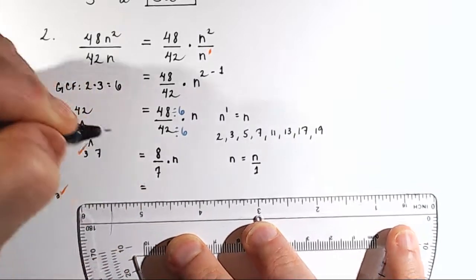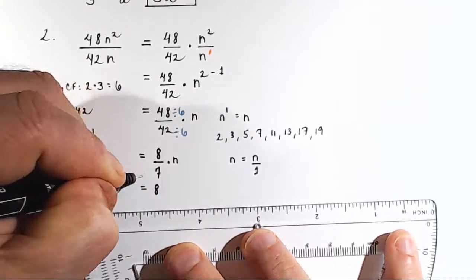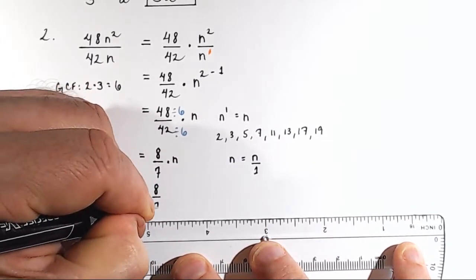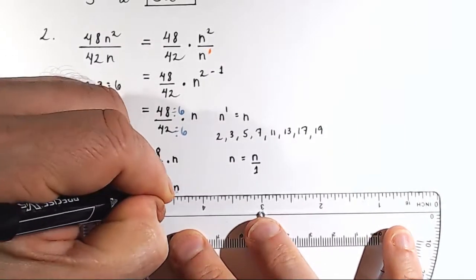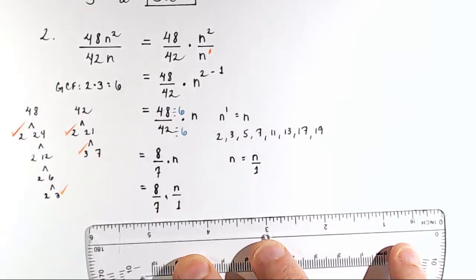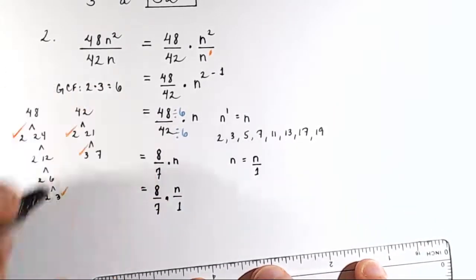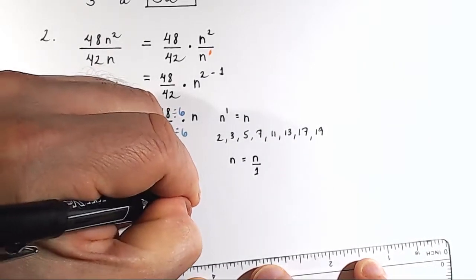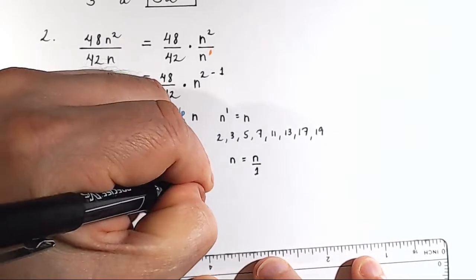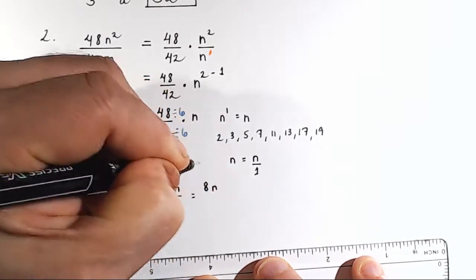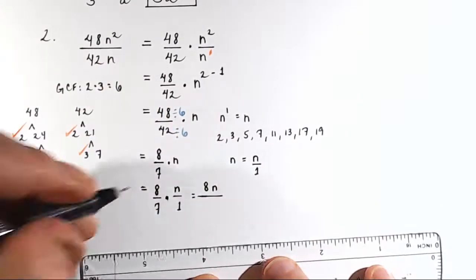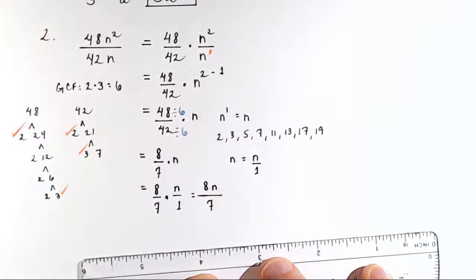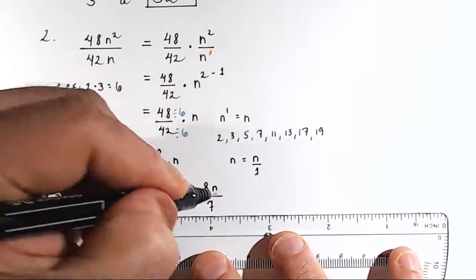I don't want anyone to feel left behind on this one. 8 over 7 times n over 1. Now I multiply across the top and across the bottom. 8 times n is 8n, over 7 times 1, which is just 7. And there's your simplified answer.